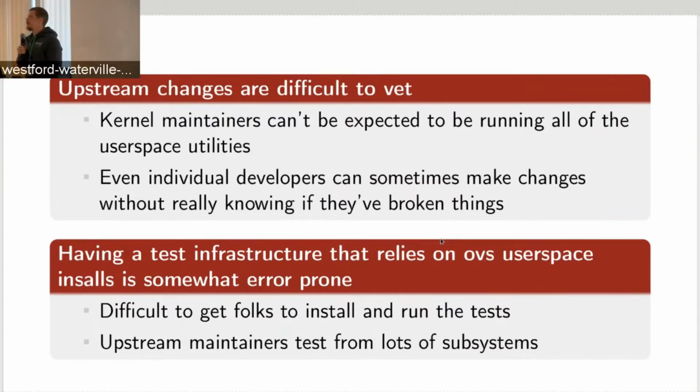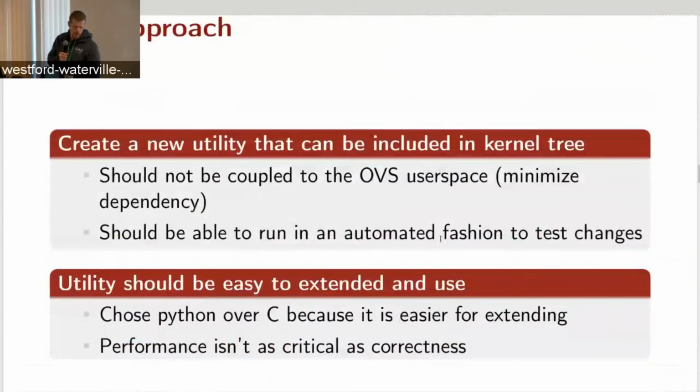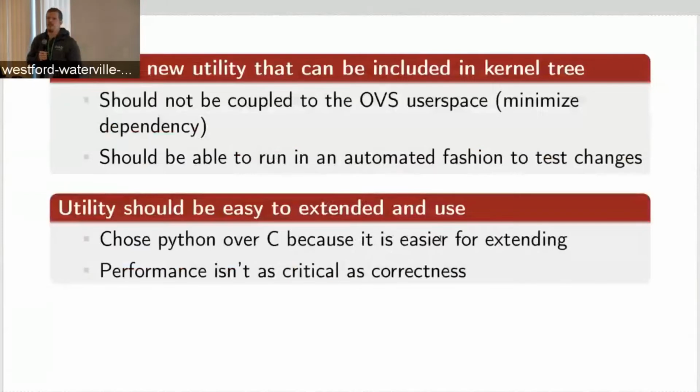Individual developers who don't care so much about OVS, but care about other parts of the kernel tree, might make a change in OVS incidentally, as part of changing some API or behavior, and break things without knowing. They also can't be expected to be downloading and installing OVS and OVN and making large deployments. So having a test infrastructure that relies on OVS user space is a little bit error prone. It's difficult to get people to install and use OVS just to test a single patch.